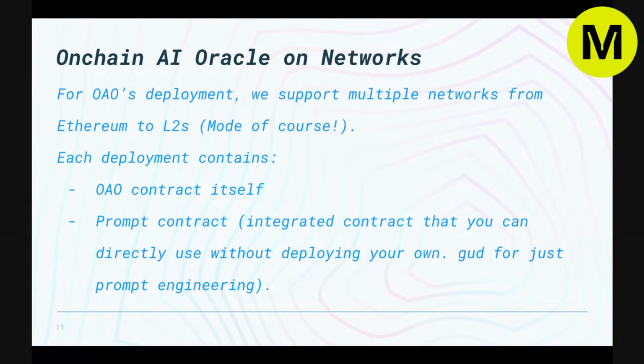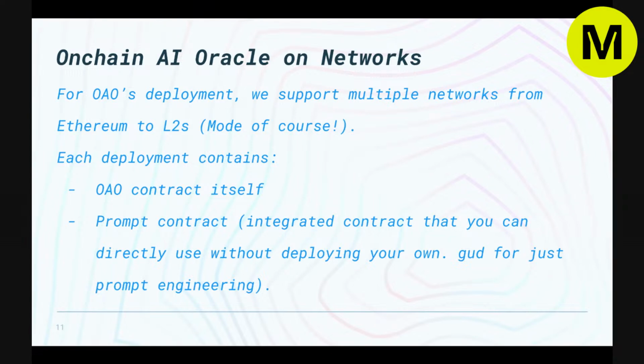And for each deployment, we have offered the on-chain Oracle's smart contract address, the Oracle contract itself, so that you can build your own application, and then your smart contract can be integrated with OAO, and then your application or your contract can handle the logic inside itself.